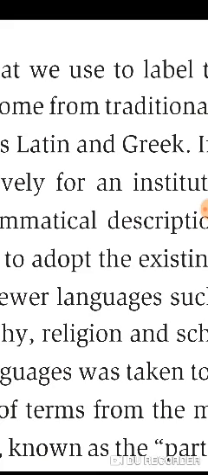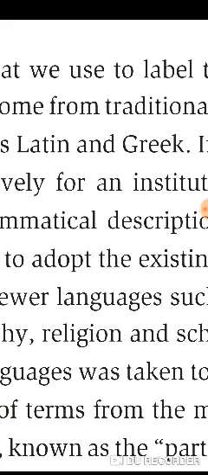Why? Because English grammarians in the past used the grammar of Latin and Greek in order to make their own grammar for English.